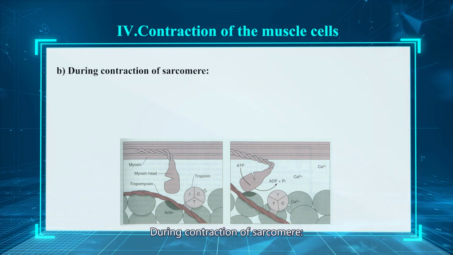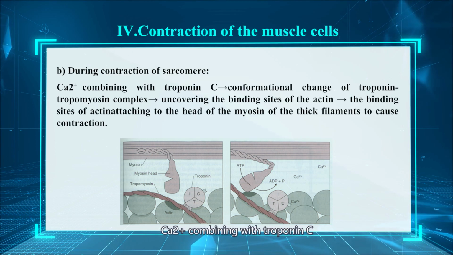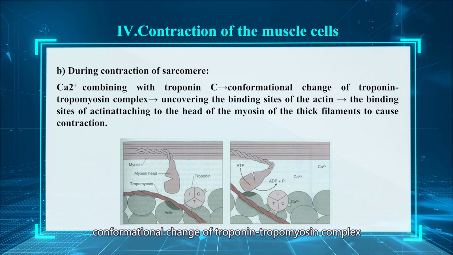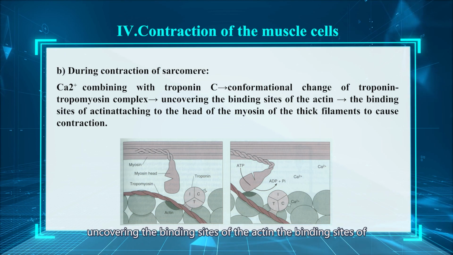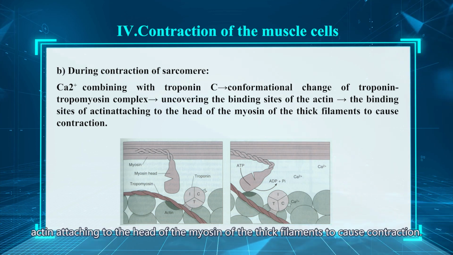During contraction of the sarcomere, calcium ions combine with troponin C. This causes a conformational change of the troponin-tropomyosin complex, uncovering the binding site of actin. The binding site of actin then attaches to the head of myosin of the thick filament to cause contraction.